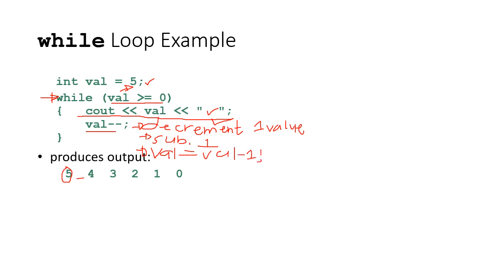So if you see val minus minus, it means decrement, right? If you see val plus plus, it means increment.